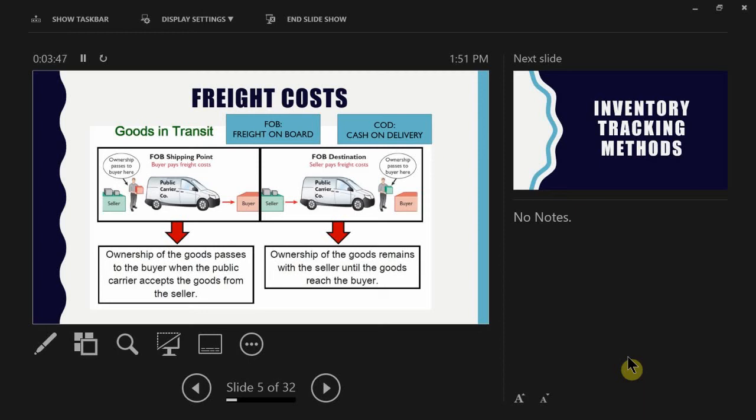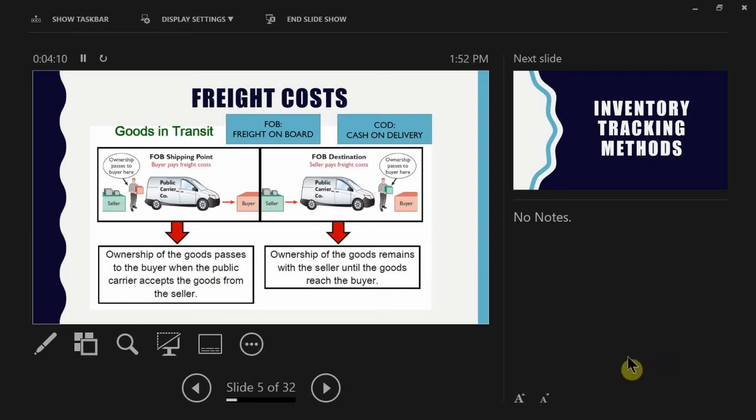So how this works is, this is also the difference between when the ownership is passed along. So from shipping point, right, from the seller store to the midpoint, it's the seller's property, okay?